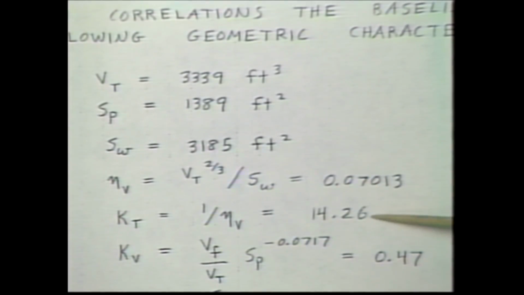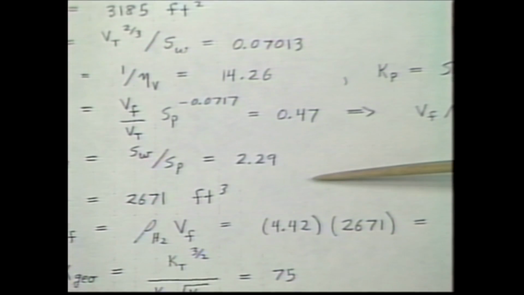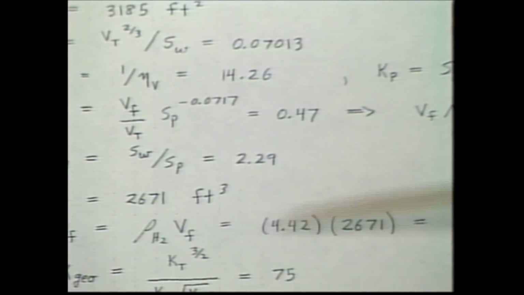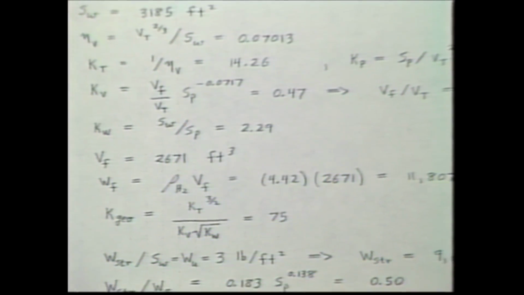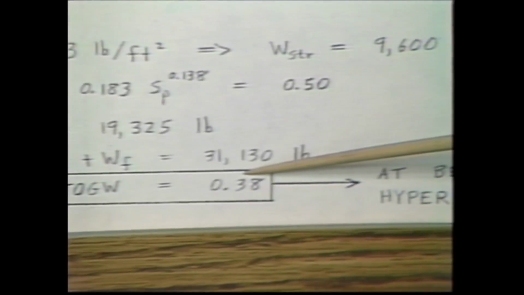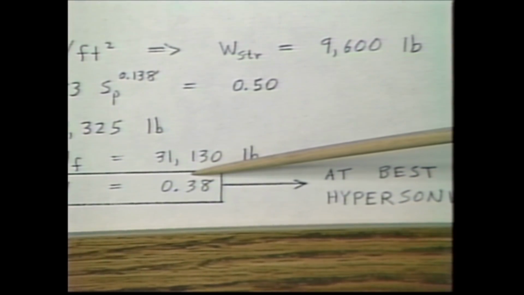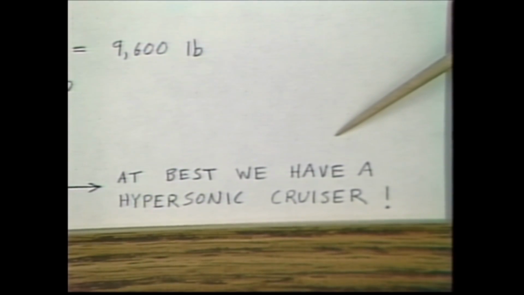I then went through his charts, his graphs and figures, and figured out all these other geometric design parameters and calculated the propellant fraction of our baseline vehicle. And it came out at a very low 0.38. And if you look at that chart I showed before, 0.38 will not get you to orbit. At best, we have maybe a hypersonic cruiser.